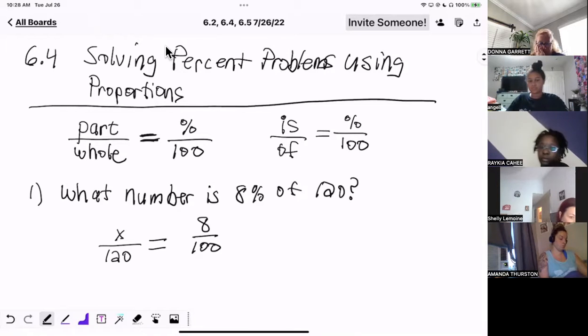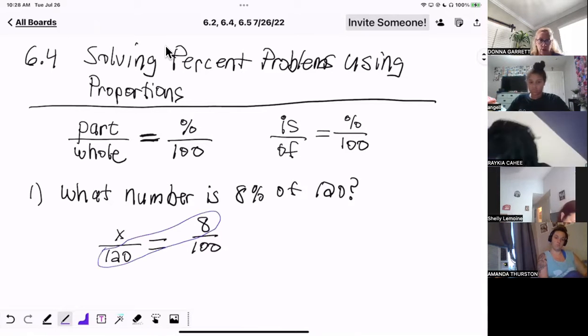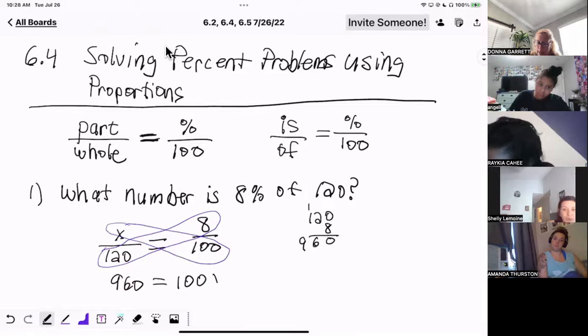You can use that to help you too. All right, we're going to cross multiply. It doesn't matter which one you do first. So 8 times 120, 120 times 8, 960, I got. 960 equals, I'm going to cross multiply the other way, and I get 100x.